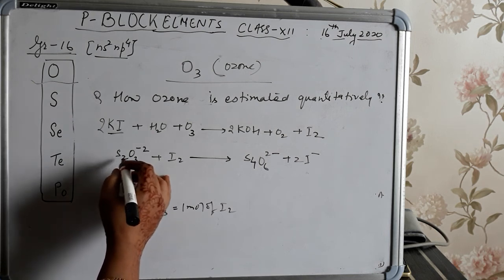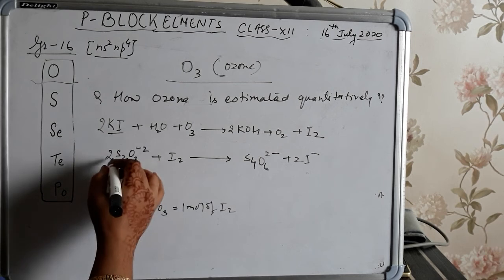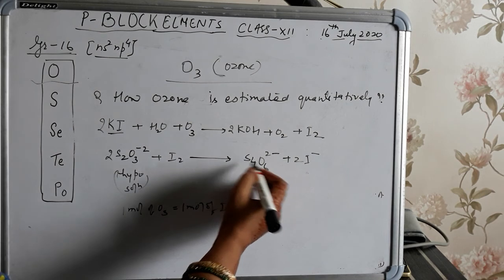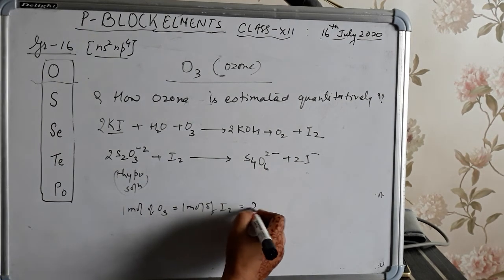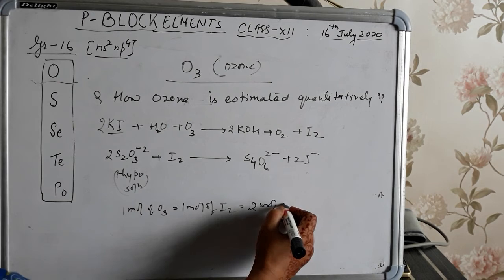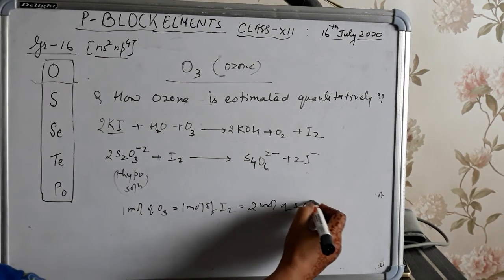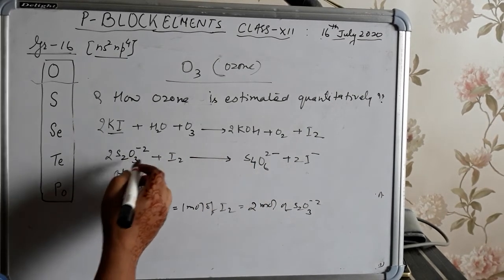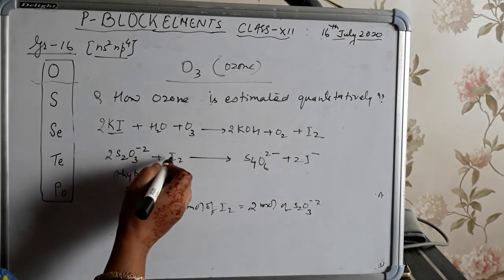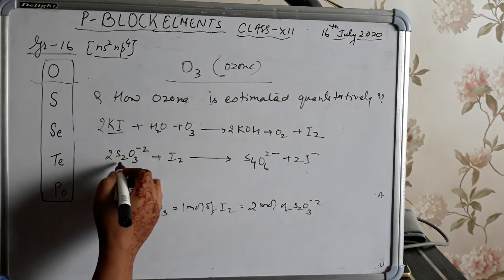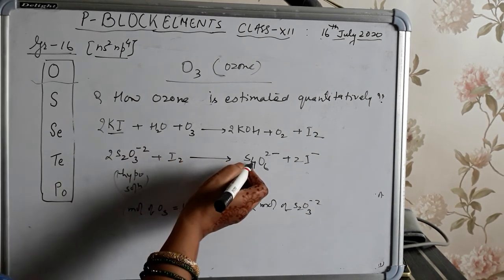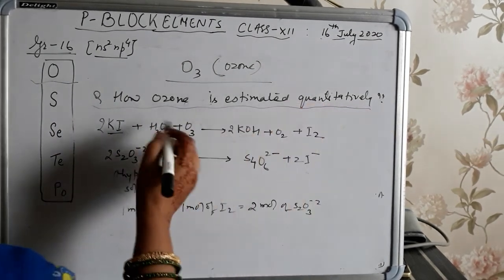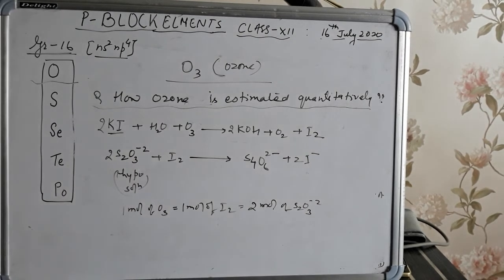Here 2 moles of S2O3 2- get converted into S4O6. So it indicates that 1 mole of iodine is formed, because 2 moles of hypo solution is used, because it converted into S4O6. In this way we can estimate the ozone.